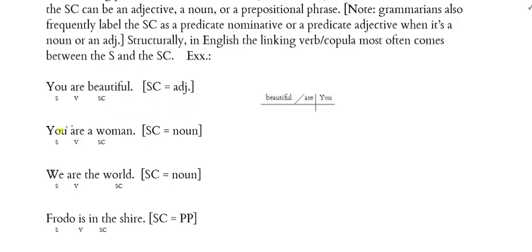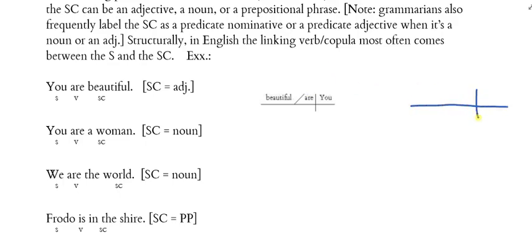Beautiful is an adjective. You are a woman. Here the subject complement is a noun. We are the world. Here the subject complement is a noun. Frodo is in the Shire. There the subject complement is the prepositional phrase, in the Shire. That's where he is.